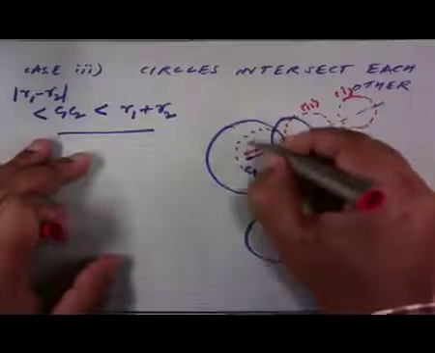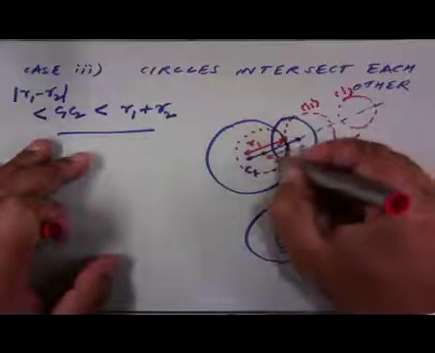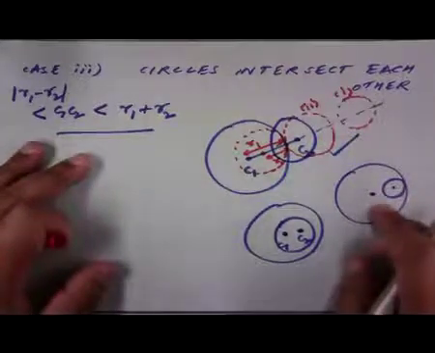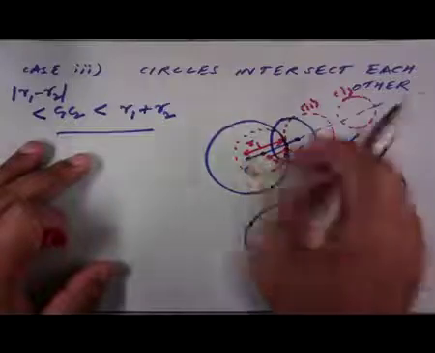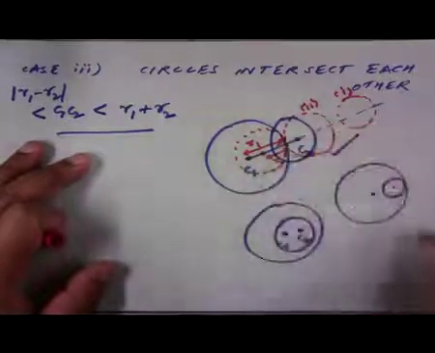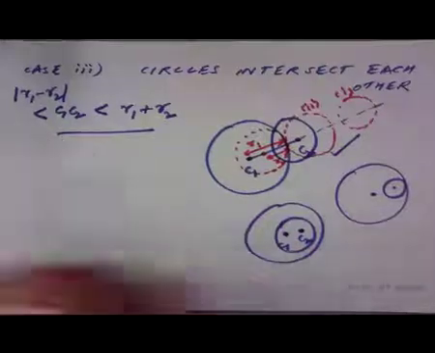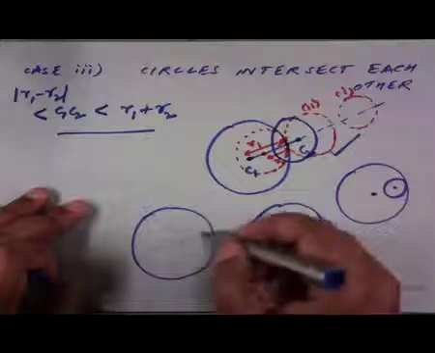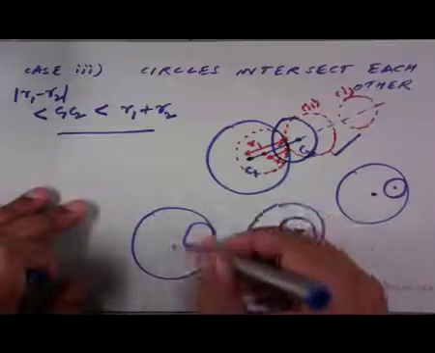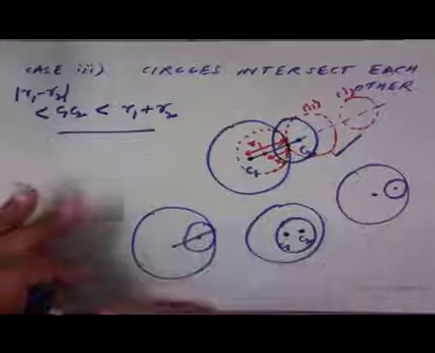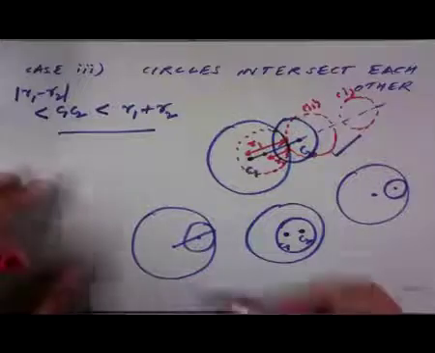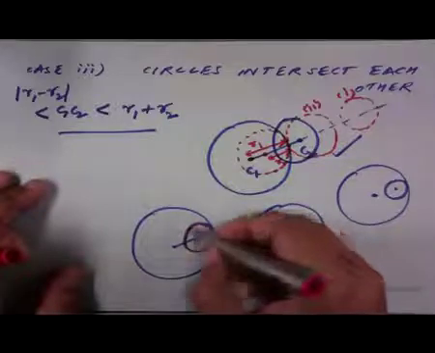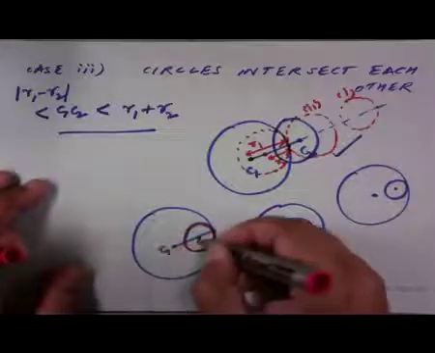In this case, this is R1, this is R2. Or if we can draw it separately, this is a smaller circle, center C1, C2.